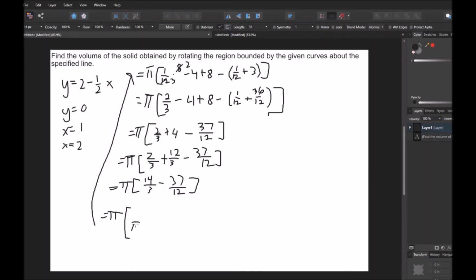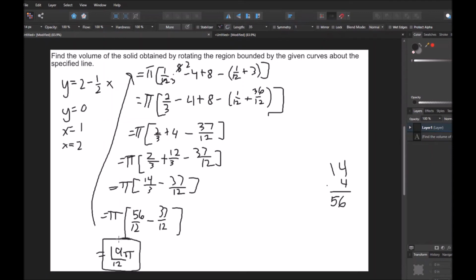So this is going to be 12, and then 14 times 4, if I do some multiplication by hand here, is going to be 56. Let me write that better. 56. So 56 over 12 minus 37 over 12, and 56 minus 37 is 19, so we're going to get 19 pi over 12.